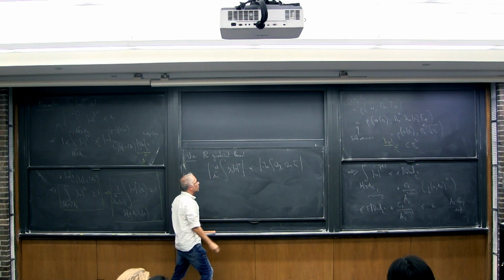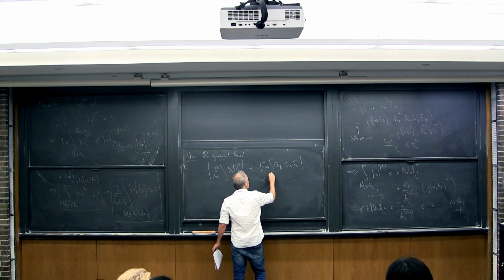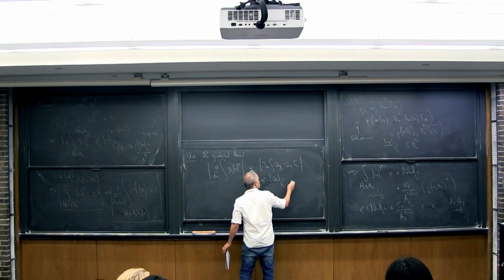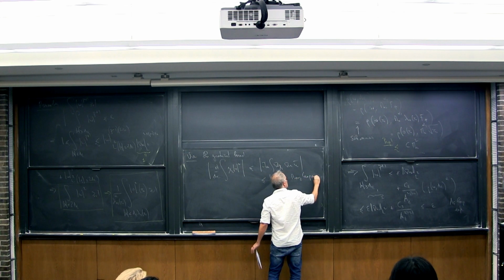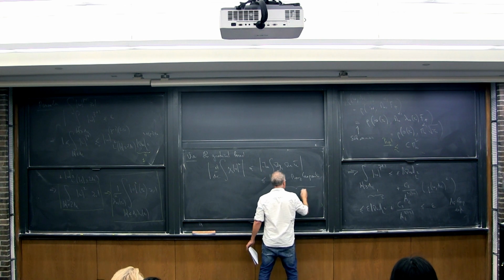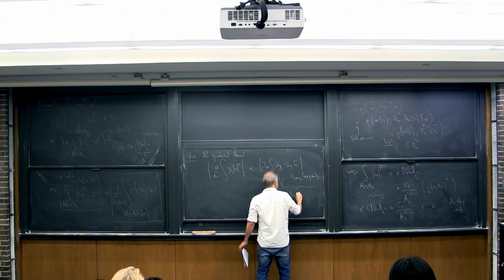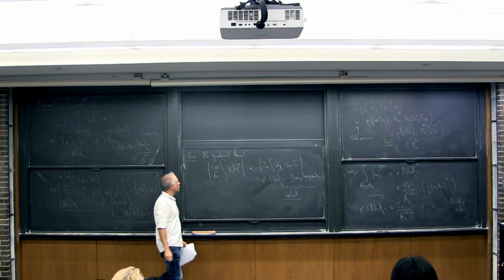So it means what? It means that, again, this is something that's going to be controlled by grad u in L2 times the Morawetz commutator. And I have my hands on it. I know how to control that. Right? It's my proposition 1.